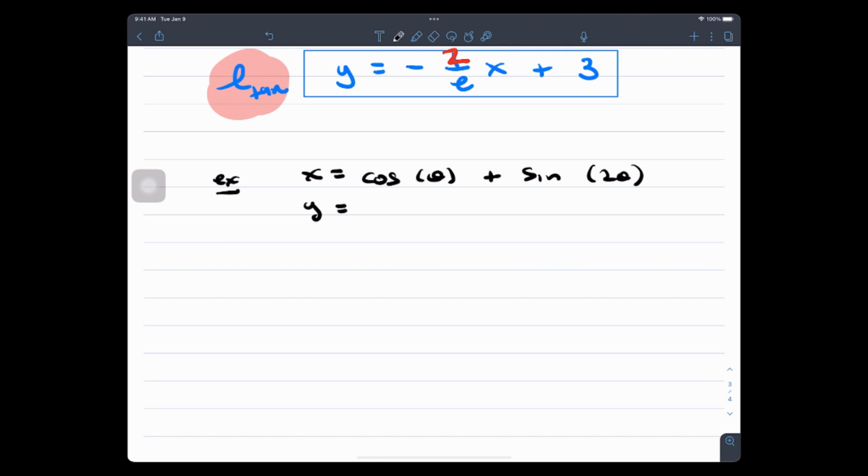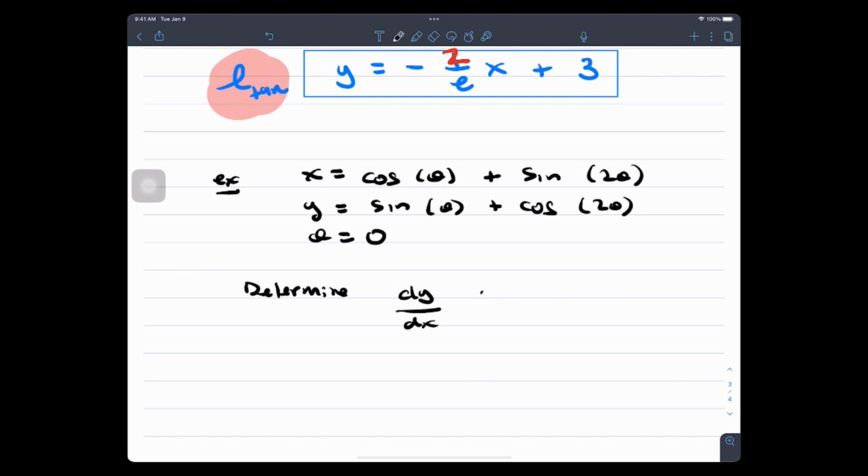And then y is going to be sine theta plus cosine 2 theta. They want you to determine dy/dx when theta equals 0.